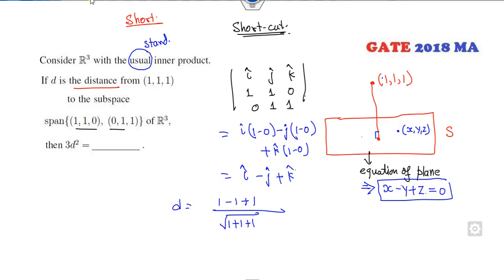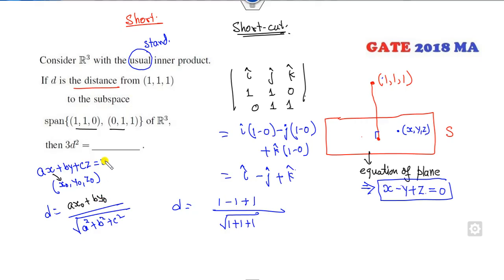If you remember, if you have a plane ax plus by plus cz equal to 0 and the point is x naught, y naught, z naught, the distance is divided by the square root of a square plus b square plus c square, and in the numerator you substitute the point: a x naught plus b y naught plus c z naught minus d. That's the meaning of this. Now you can see this value is 1, so the answer is 1 by root 3.